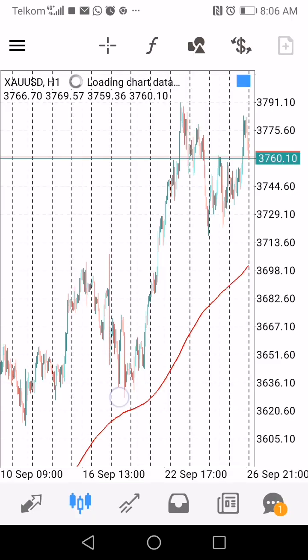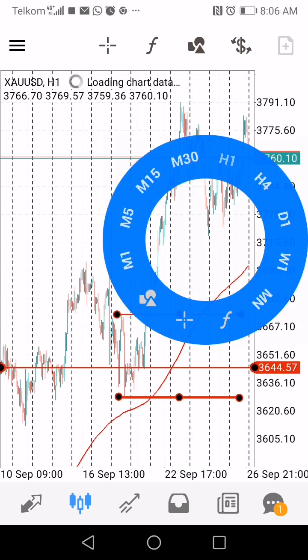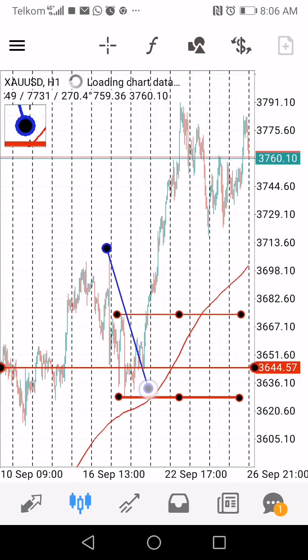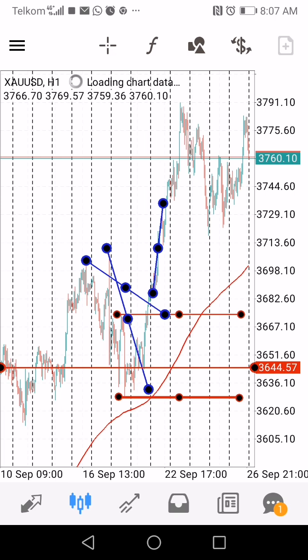Monday, previous daily high and previous daily close. What you can see: counter break, trend line break, counter break, trend line break. See, that's why Monday momentum was just up, because the demand was too much.